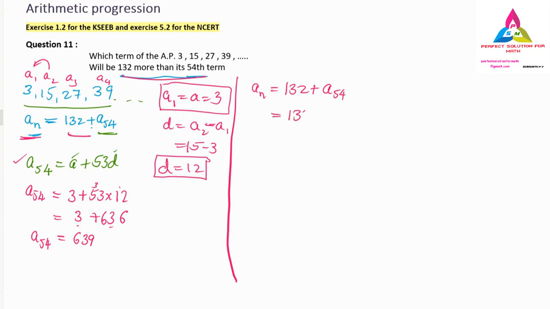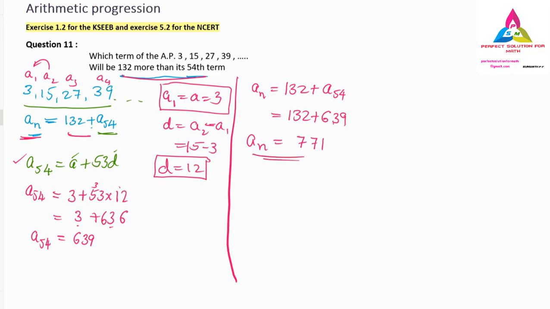So 132 plus A54, which we just found is 639. If you add both together, 2 plus 9 is 11, carry 1, 3 plus 3 is 6, plus 1 is 7, and 6 plus 1 is 7. So the an value we know is 771.